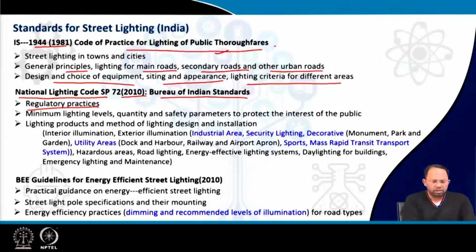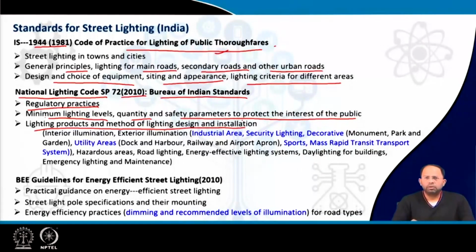In addition, it talks about minimum lighting levels, quantity and safety parameters to protect the interest of the public. That is, what is the minimum amount of light required for the safety of the people, and based on what people would actually be comfortable with. Based on those, lighting standards have been created. And it also talks about lighting products and methods of lighting design and installation overall.